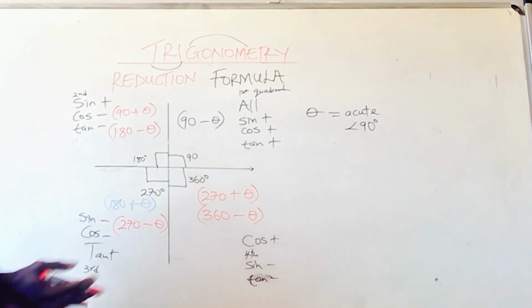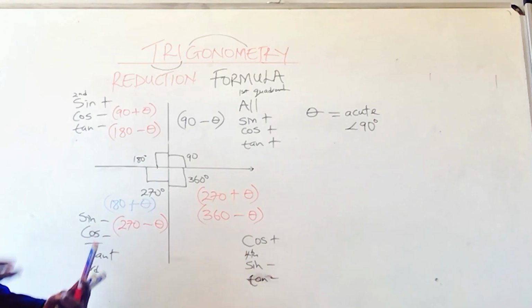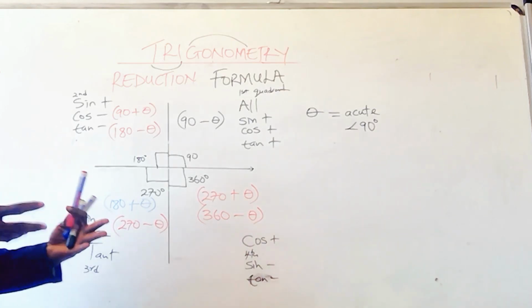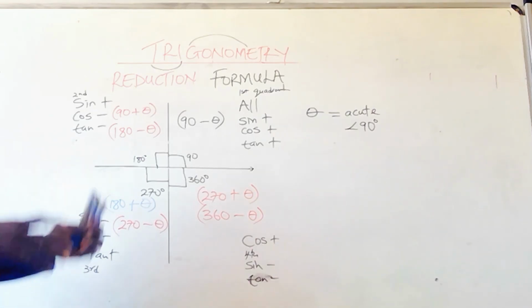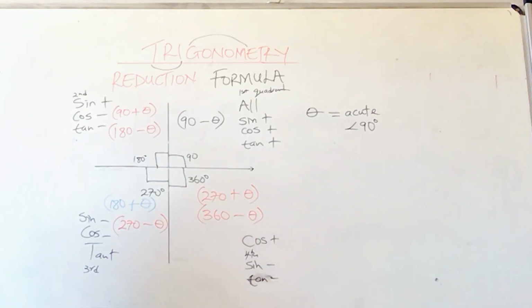So with this we can arrive at the value for every given trigonometric expression and what we can actually reduce it to for easy simplification. We'll take examples as we go on, but let's write out everything.